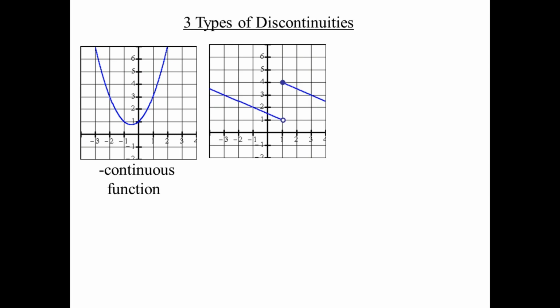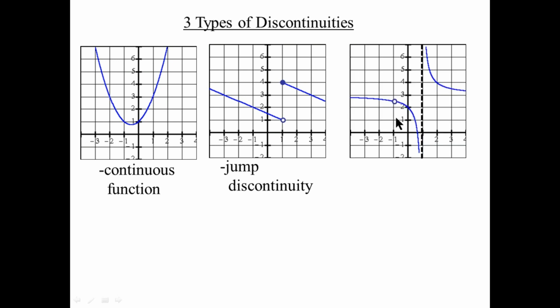However, in the second case here, we see that you can't draw this function without lifting your pencil from the paper. You draw it up to here, then you have to lift your pencil. So there's a discontinuity, and we just got a name for it. It's called a jump discontinuity.